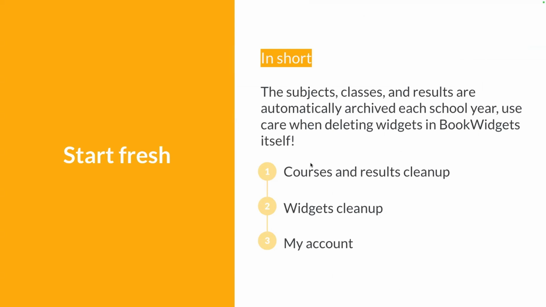And then starting fresh, being able to clean up some of your classes and your results, they're automatically archived every year. So you don't want to, nor do you need to delete any widgets themselves. You can just clean up a little bit and then your results and data will still be there.